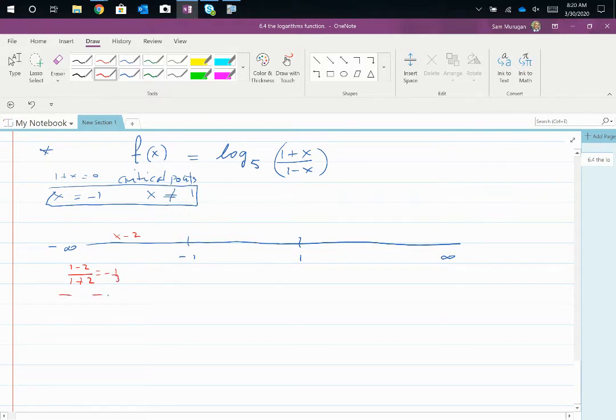So this whole interval between -infinity and -1 is negative. That's not what we're looking for. We're looking for positive.